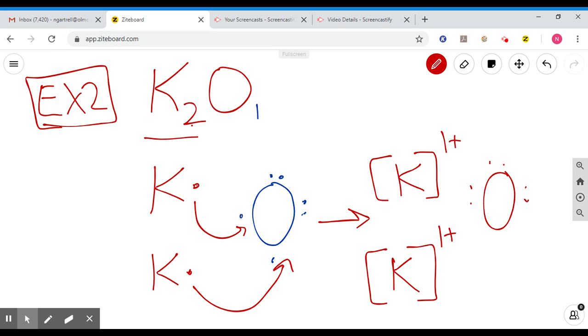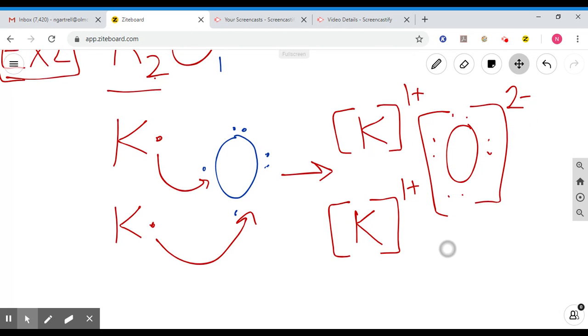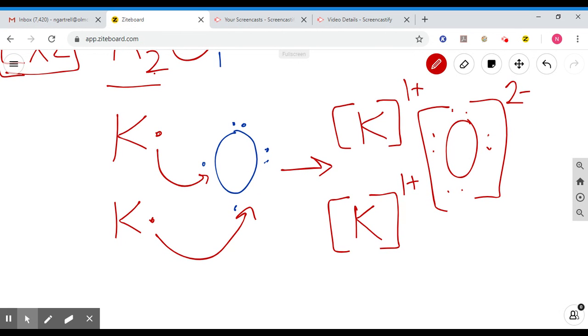I got 1 from each potassium. So how many total did it get? It got a total of 2. What do you notice about the charges? I have 2 positives and a negative 2. The charges of an ionic compound should always add to 0. Ionic compounds are always electrically neutral.